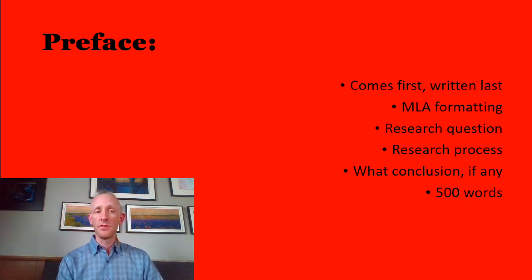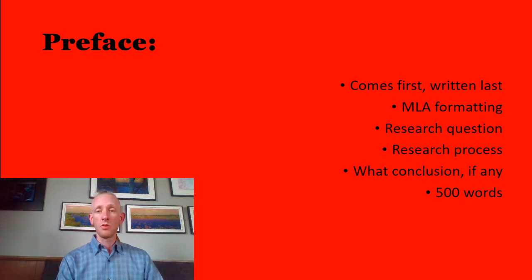Now sometimes, and some research questions are more prone to this than others, you may have learned a lot about your subject, but you would still be in the position where you are unsure what the answer is. That's fine, and you can detail that uncertainty also in the preface. Now the preface should be about 500 words.